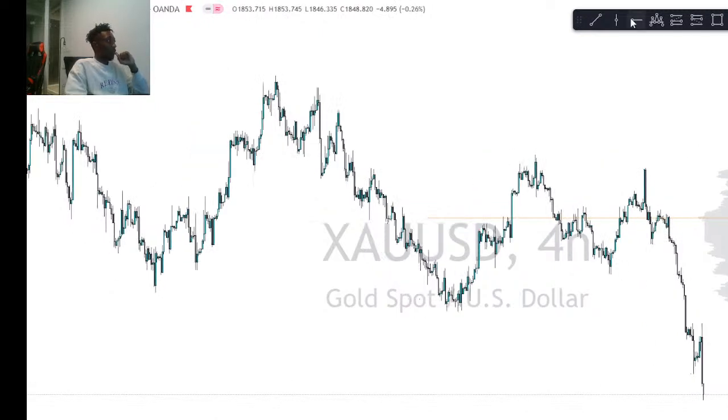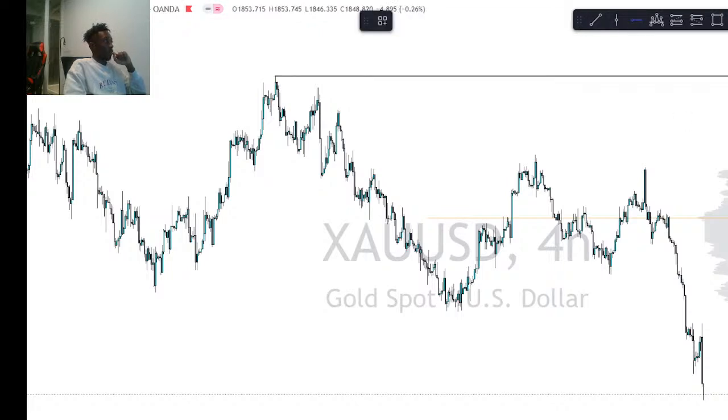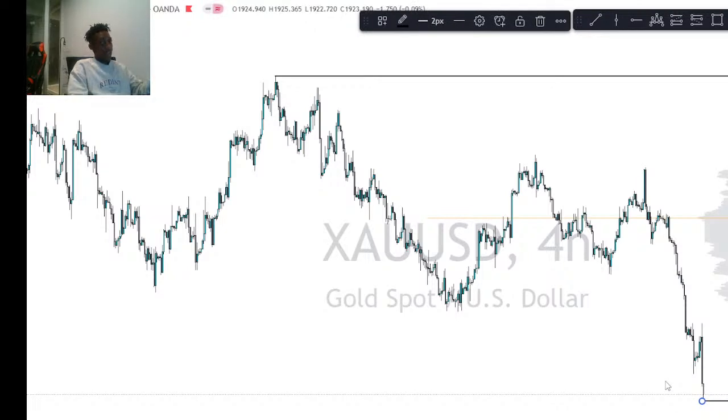So what do we do? How do we approach the market with the strategy that we are using? We see here we have a high there, and then we have a low here. That's our overall high and our overall low. Our overall low was this one here, but it was broken.